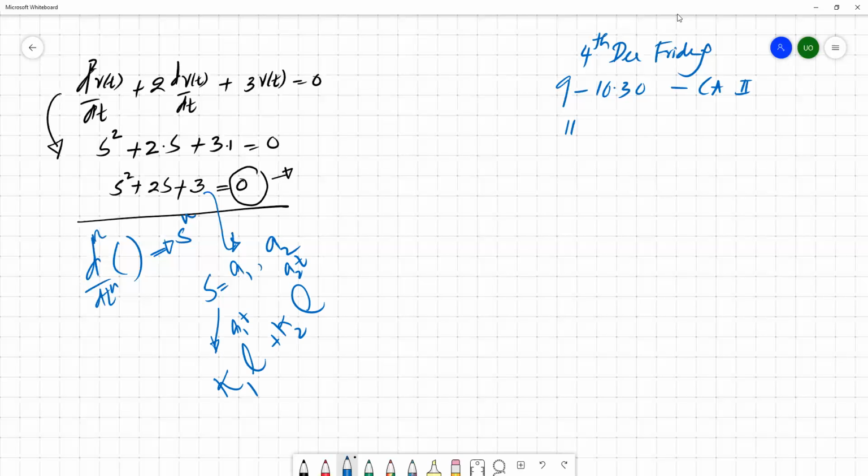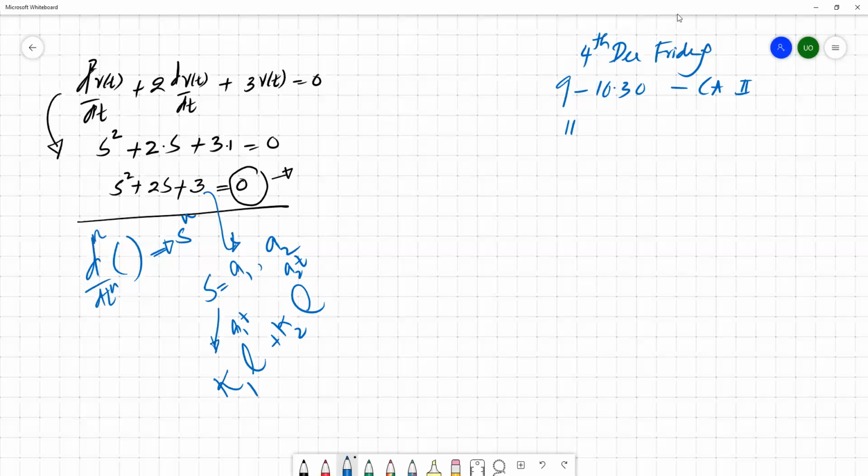But we can further simplify, because depending on the roots of the quadratic equation, we can identify 3 scenarios. One is you may have distinct roots, a real and distinct root.